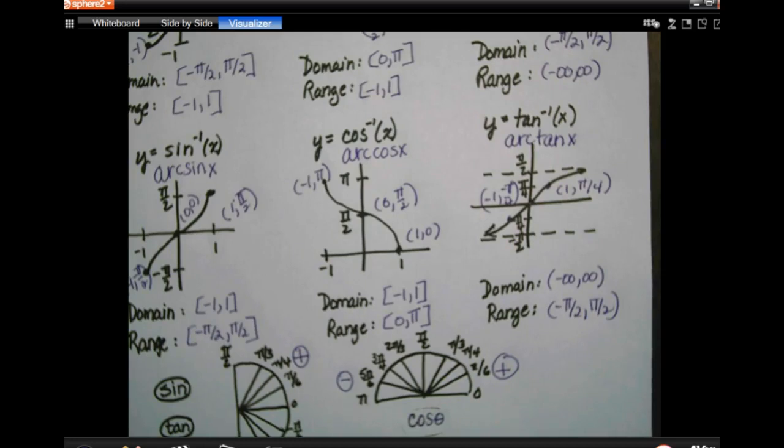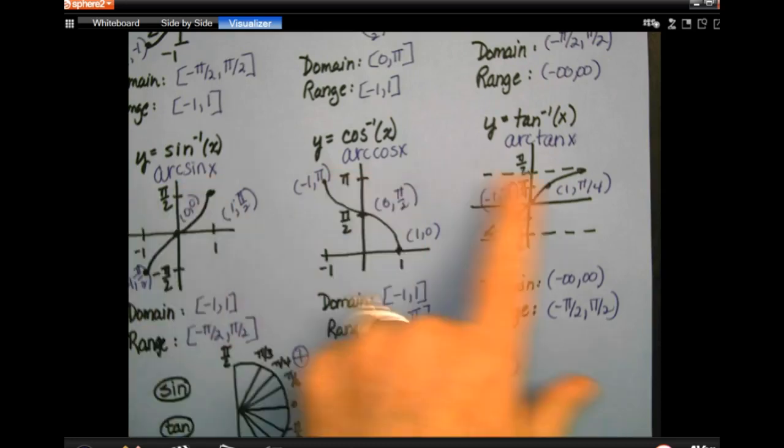It's not the secant. It's not what you're thinking. The secant is just 1 over the cosine, but here we're actually flipping the x and the y. Okay?